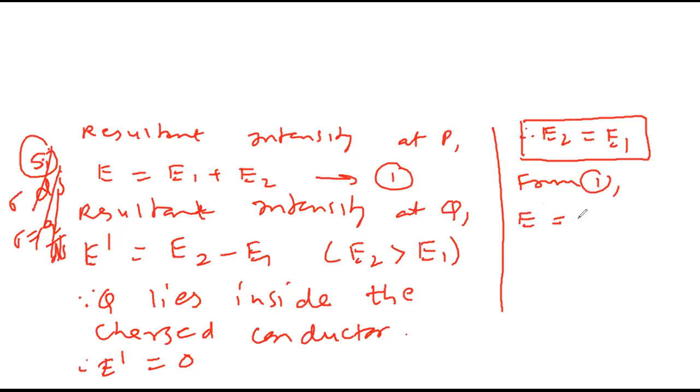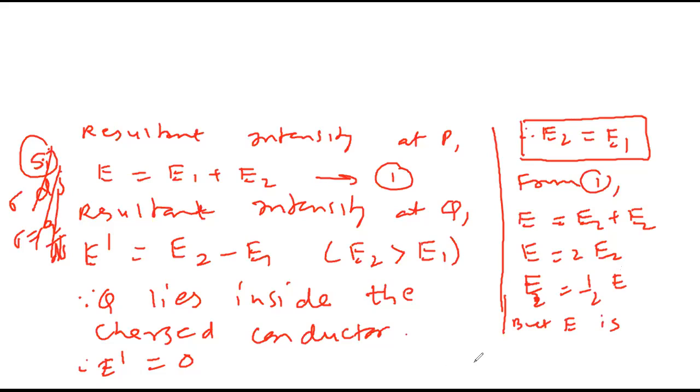So I can write E is E2 plus E2. So E is twice E2. Therefore, E2 is half of E. Clear? This much clear? Yes, sir.